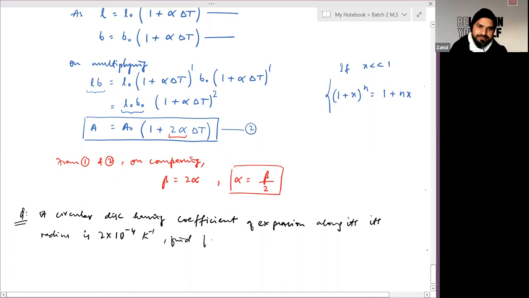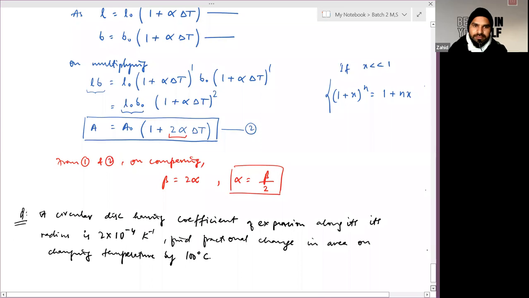Find fractional change in area on changing temperature by 100 degrees Celsius.